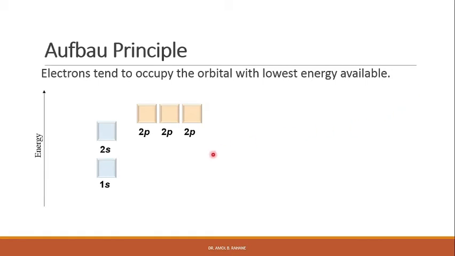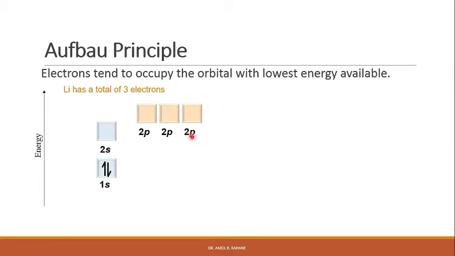Therefore, for the third electron, the orbitals available are 2s and 2p orbitals. Let us consider the example of lithium, which has 3 electrons. The first 2 electrons we can place in the 1s orbital, and for the third electron the orbitals available are 2s and the three 2p orbitals in the L shell. So which level will it go to?